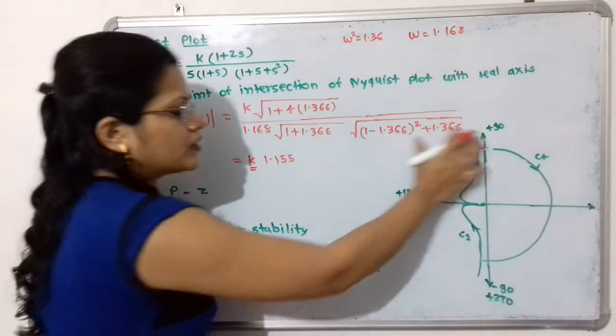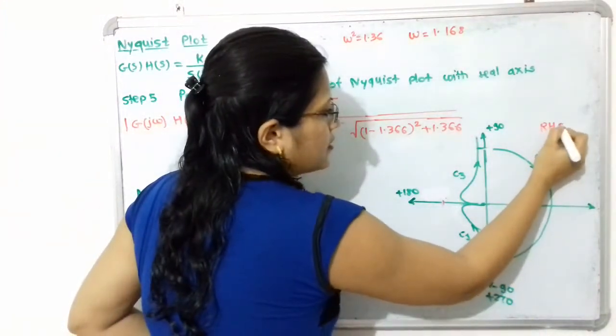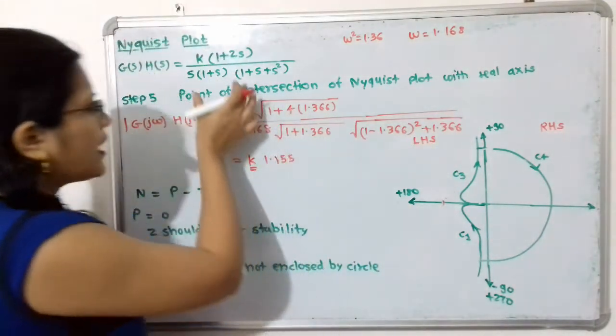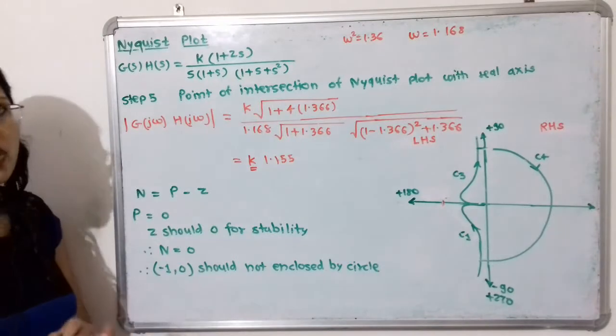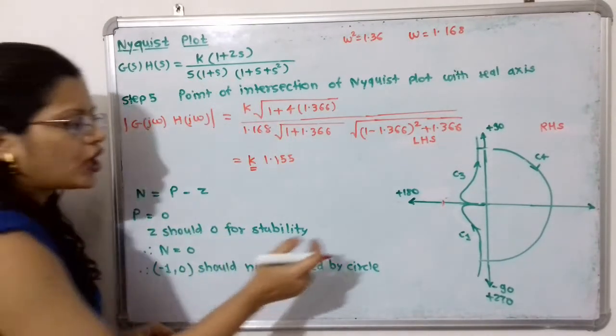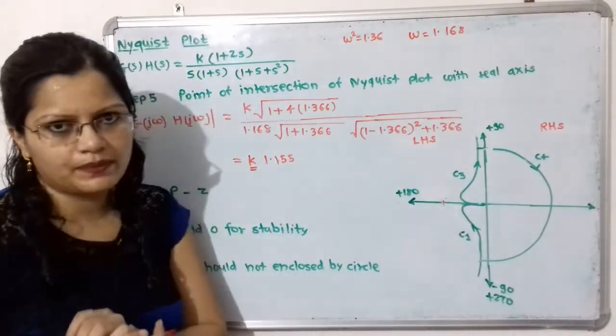So if we observe, this is the total S plane, then here is the right hand side of the plane and here is the left hand side of the plane. So we have already calculated the number of poles, that is S is equal to 0, S is equal to -1. So all these open loop poles lie on the left hand side of the plane.